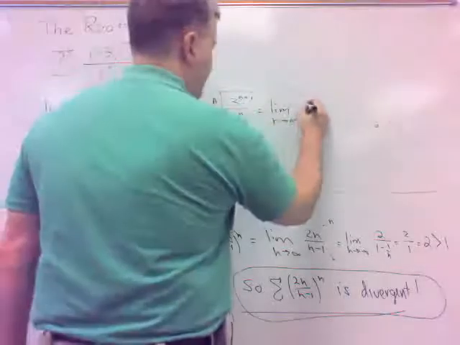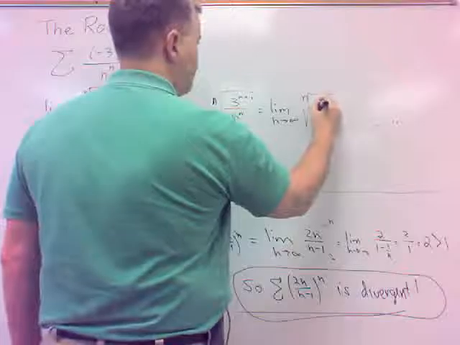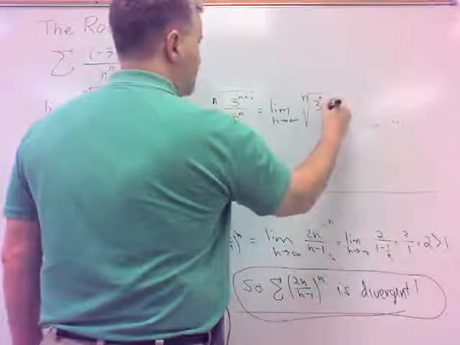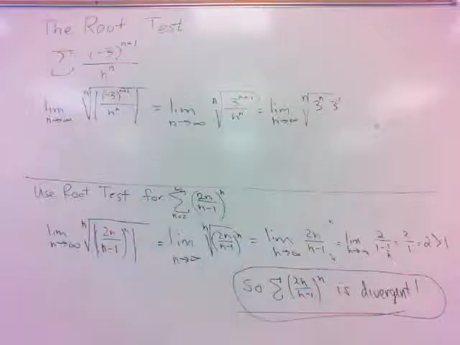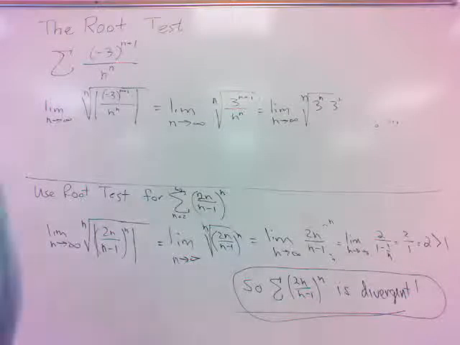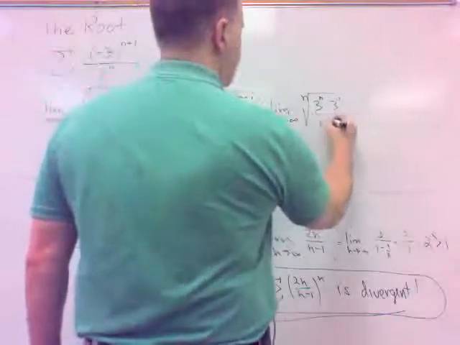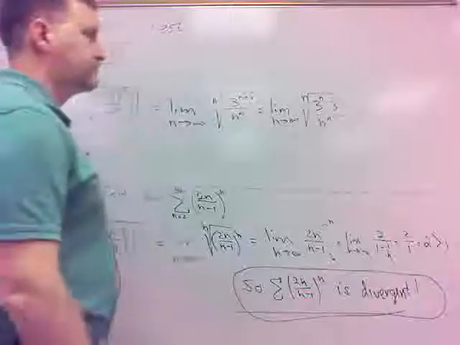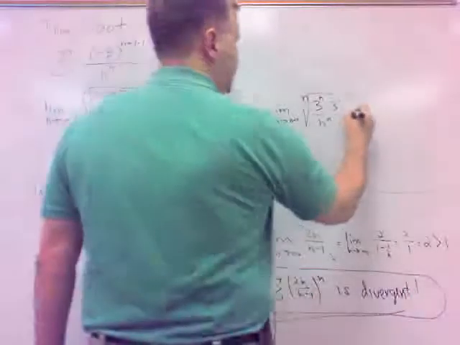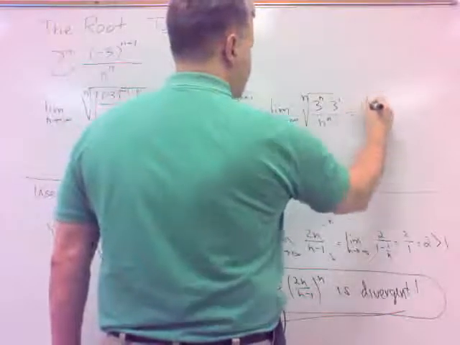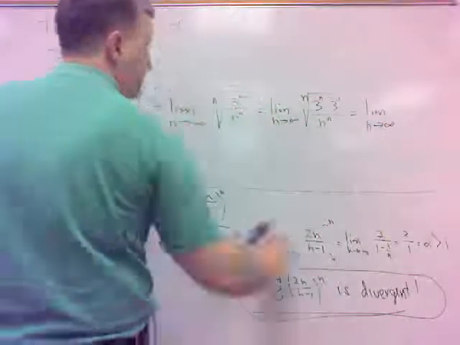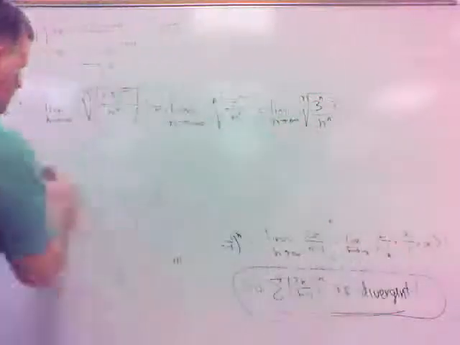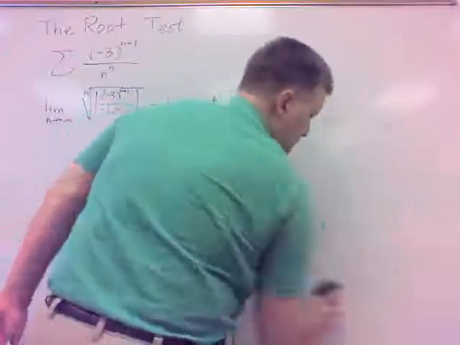So here's what I'm going to do. Let's keep it the nth root for now: 3 to the n times 3 to the first. Let's split that up. Doesn't that mean 3 to the n times 3 to the first? I believe so. It can all be split up.